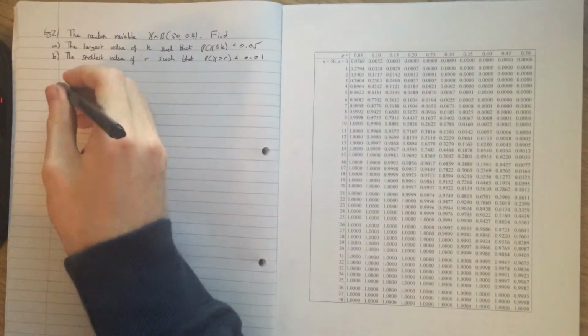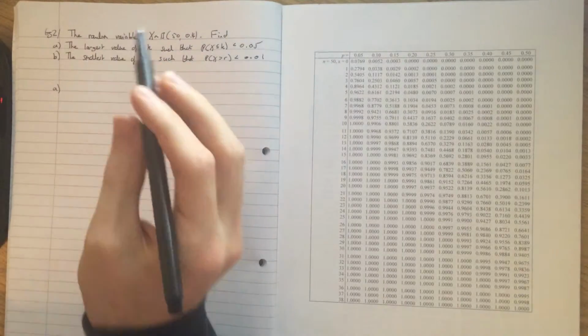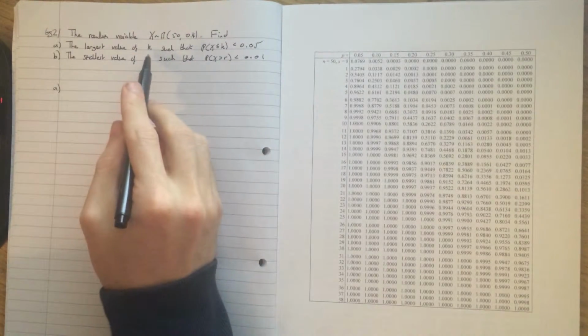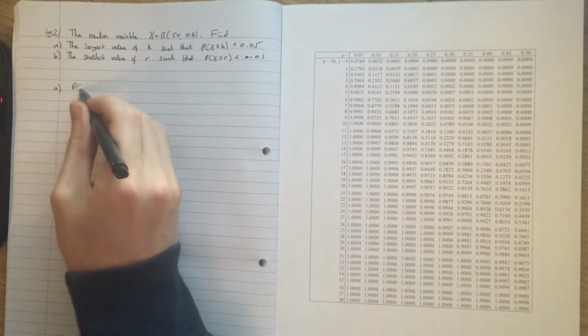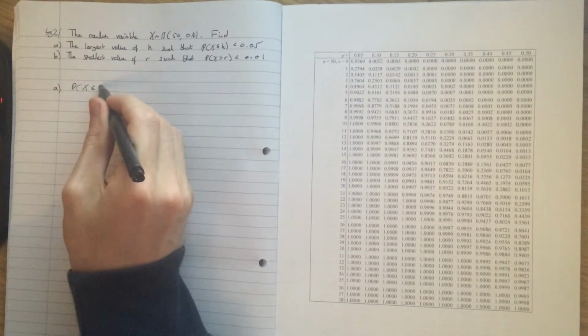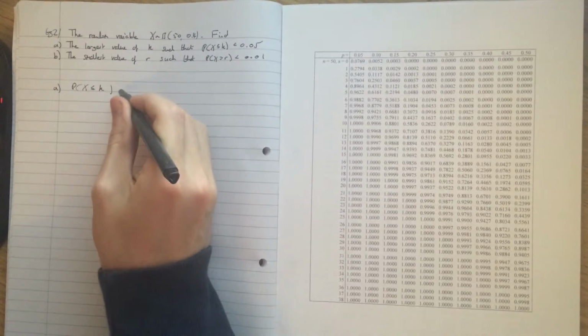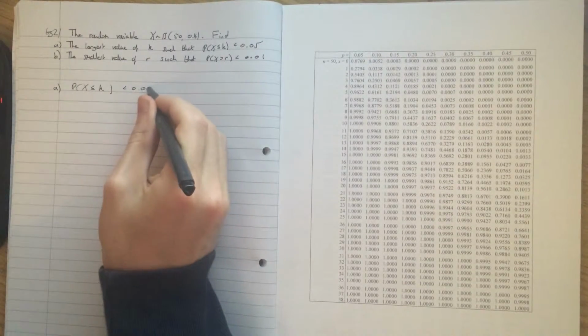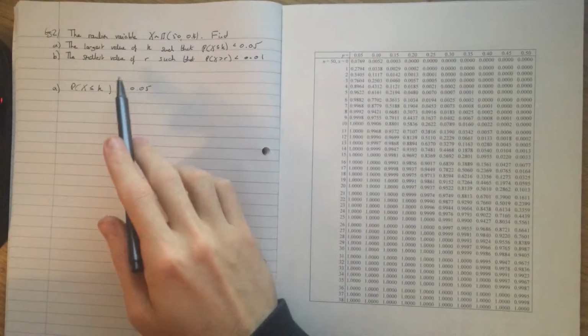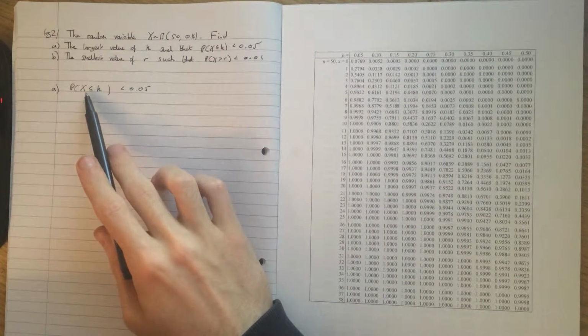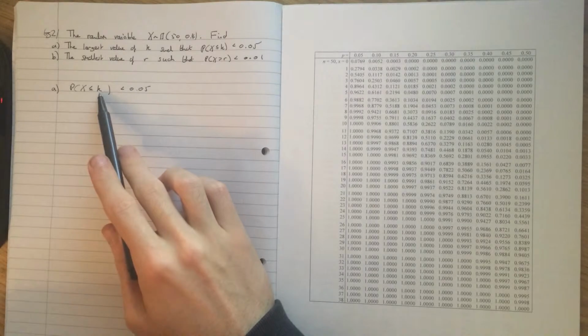So part A is quite straightforward. We want the largest value of k such that the probability of x being less than or equal to k is less than 0.05. So what value goes in here?